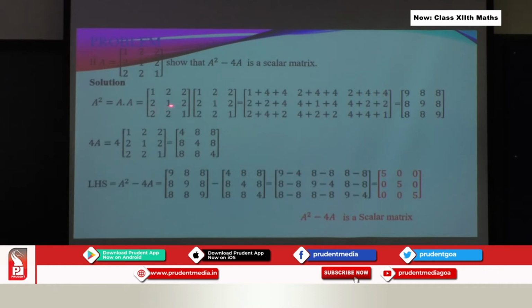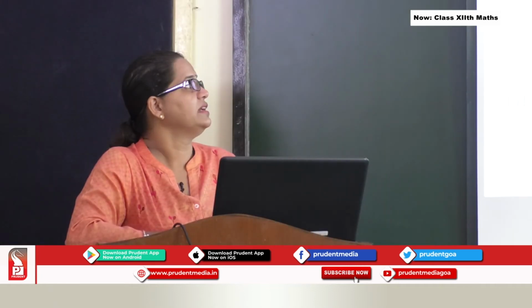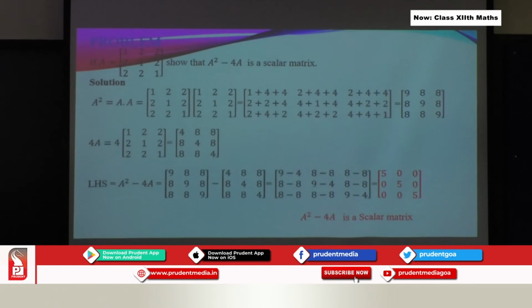Now let's go to the second row. Second row, first column will give me this entry. Second row, second column will give me this entry. Second row, third column will give me this entry, and so on. When I add all these elements, I get the answer as this. So I got A square as this.